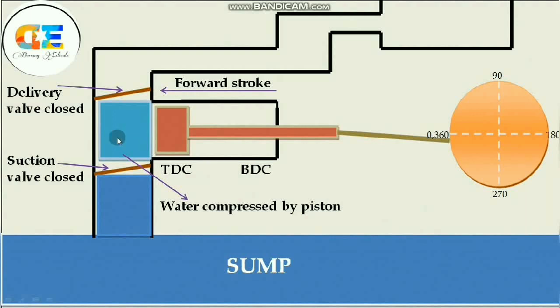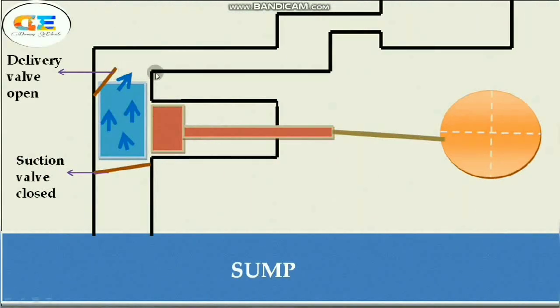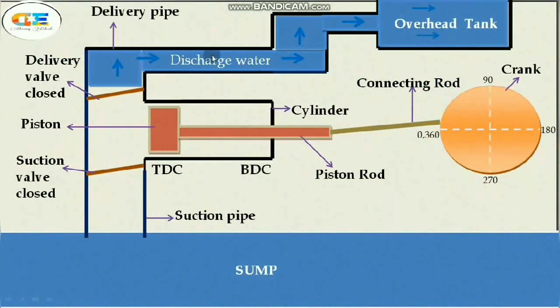This water pressure is very high compared to the delivery pipe pressure. Okay, the flow takes place from high pressure to low pressure. Then the delivery valve is open due to the pressure difference and the water is discharged through the delivery pipe. This discharged water is stored in the overhead tank, and this phenomenon happens again and again. So this is the working of the single acting reciprocating pump.